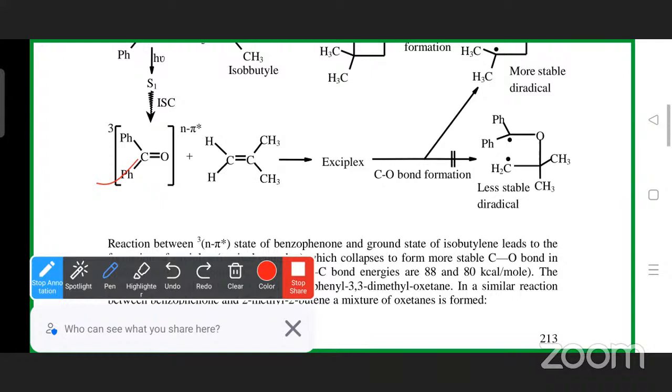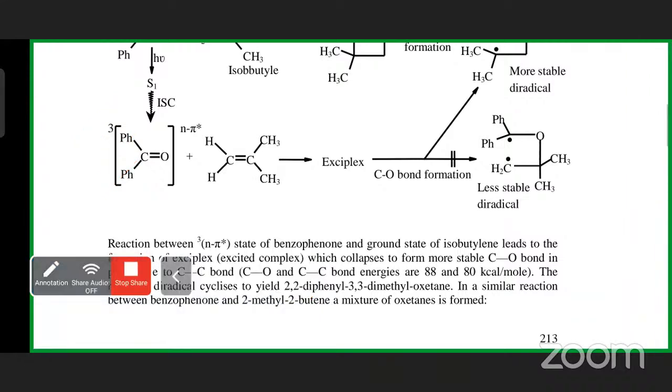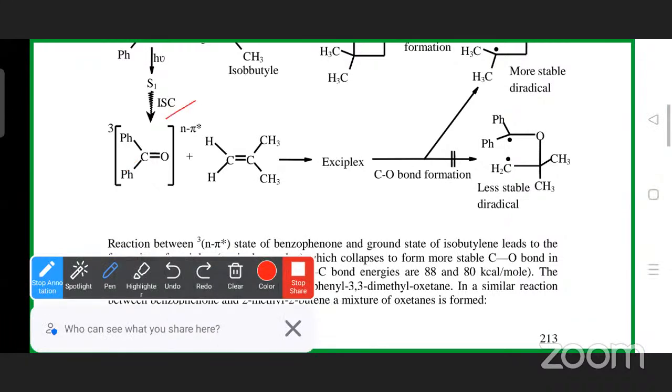But the photoreduction and Paterno-Büchi cycloaddition reactions take place in the triplet state only, not in the singlet state. So after transferring the energy from singlet to triplet, the reaction is initiated. Upon ISC, it acquires the triplet state.